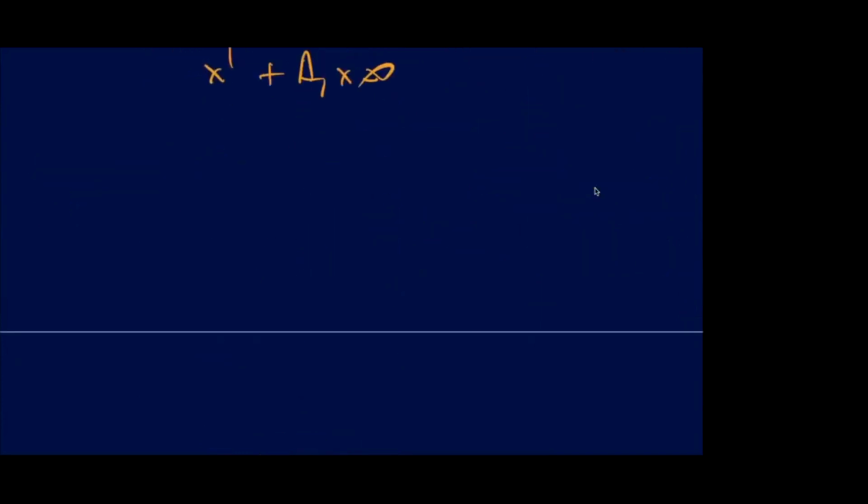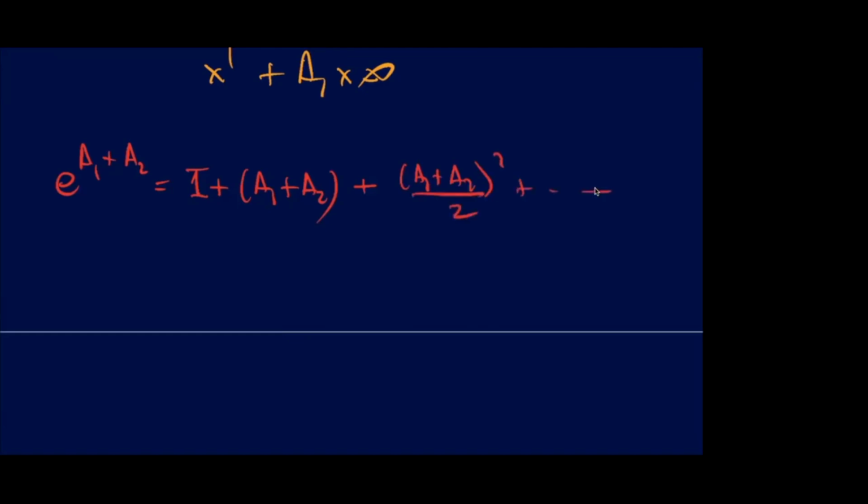And why is that? Well, it's very simple, because it is sufficient to observe that if I compute exponential of A1 plus A2 and do the power series expansion, the first term is the identity, the second term is A1 plus A2, the third term is going to be (A1 plus A2) squared divided by 2, and then there are others, right?